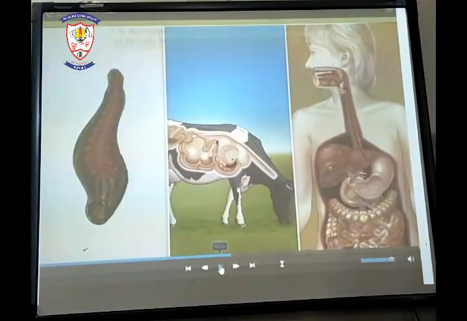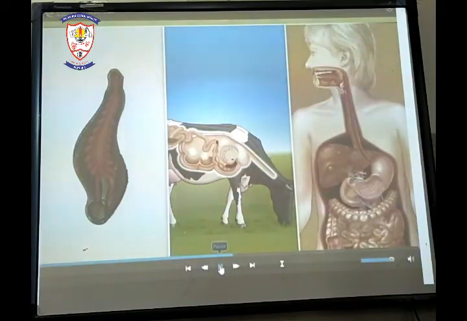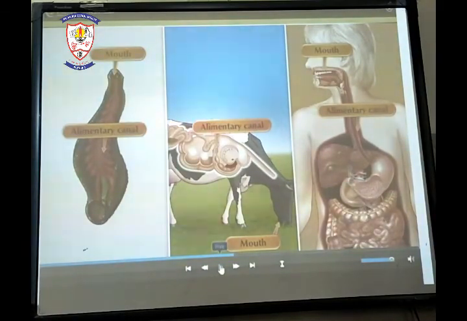It is observed that as the complexity of organisms increases, some of the organs of the body become specialized to perform specific functions. Most of the process of digestion takes place within the mouth and alimentary canal.